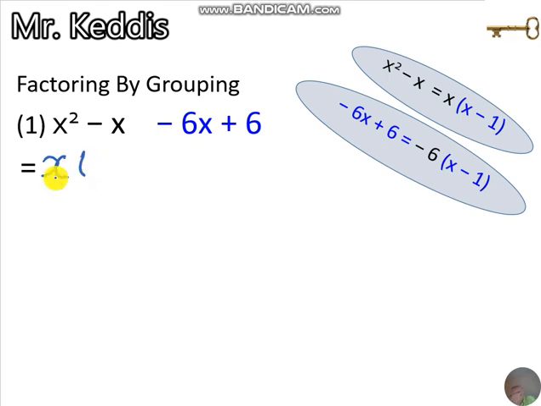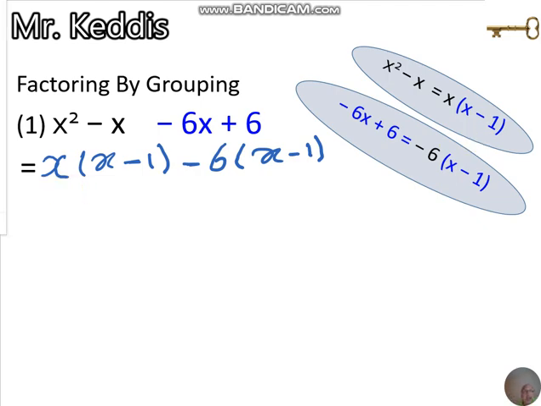x times x minus 1, minus 6 times x minus 1. You notice here x minus 1 is a common factor. I'm going to replace each x minus 1 by n.